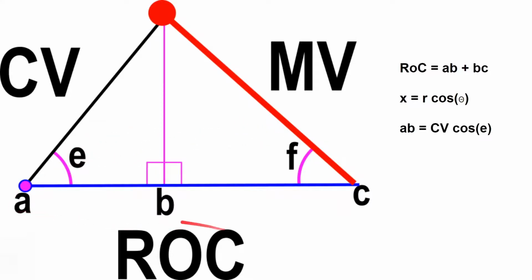So AB is the crossing vector, or technically the magnitude of the crossing vector, times the cosine of E. And BC is the magnitude of the muzzle velocity times the cosine of F. Combining those two together, our rate of closure is this formula right here.